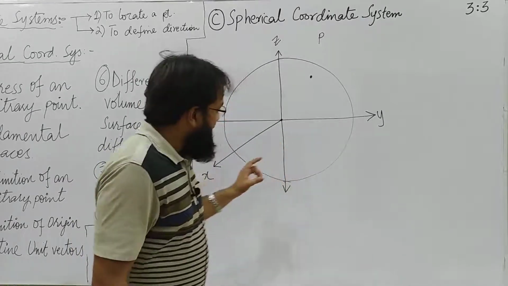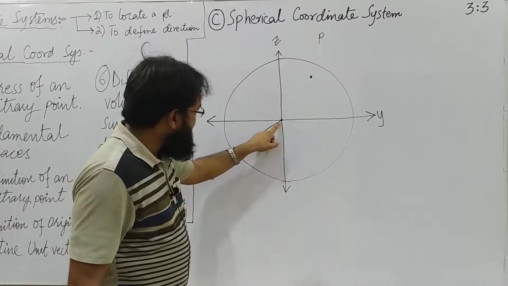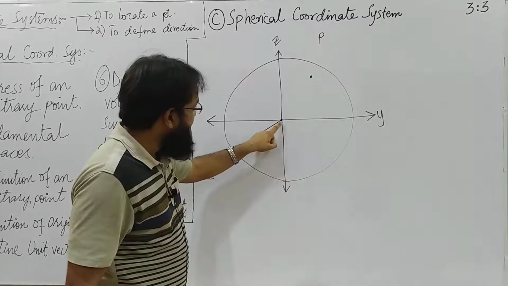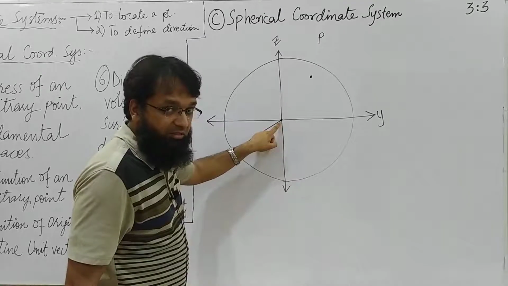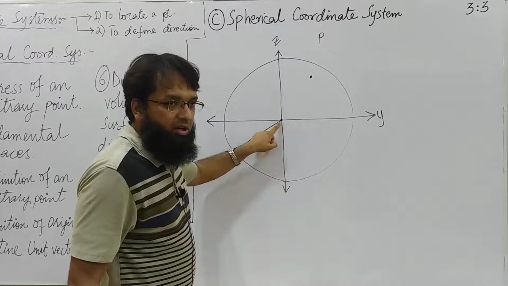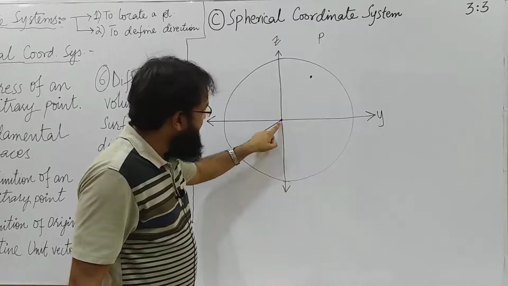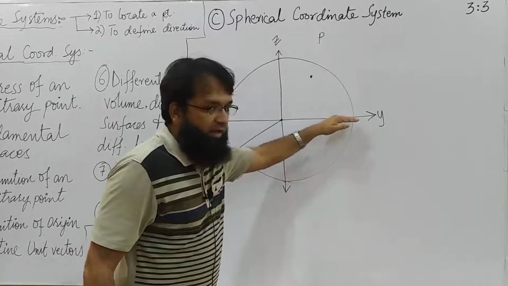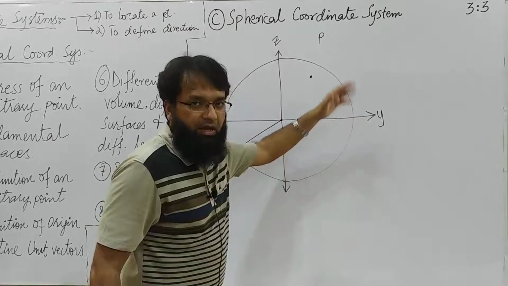So if we have taken the origin at the center of the sphere, this allows us to reach the surface of the sphere in any direction. If in any direction I move the length of the radius of the sphere, I will reach the surface.